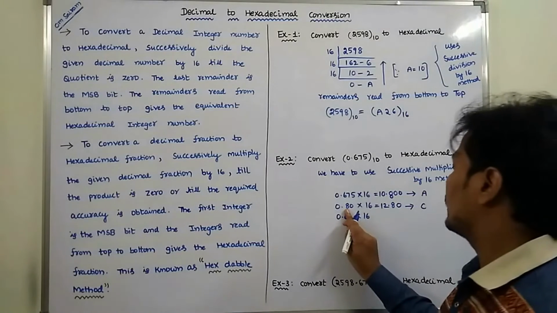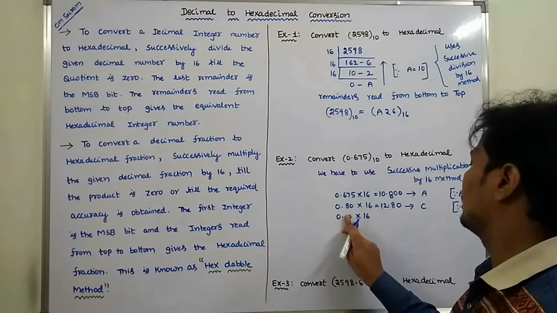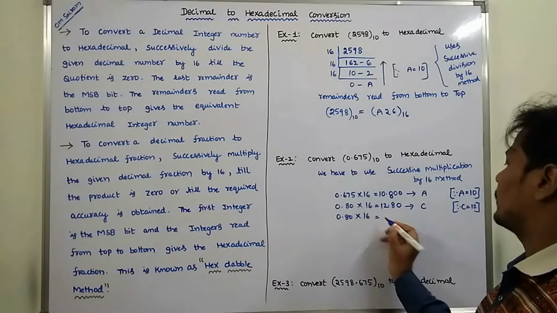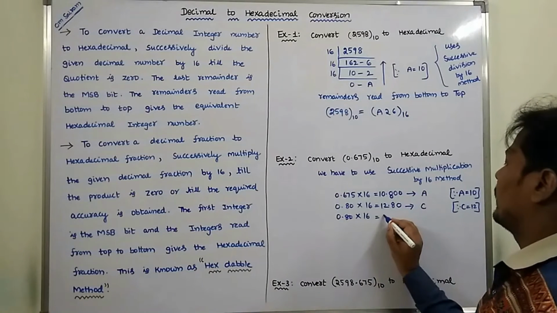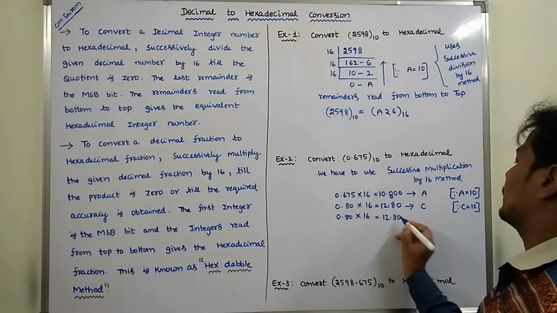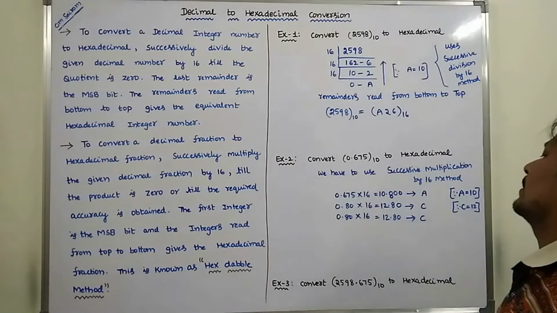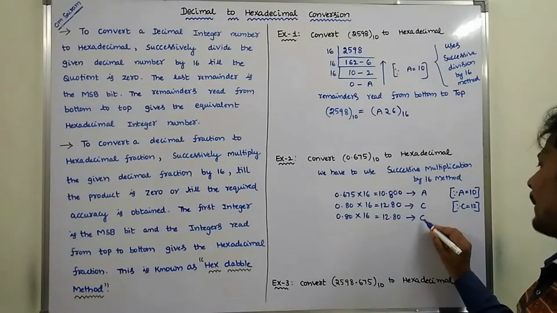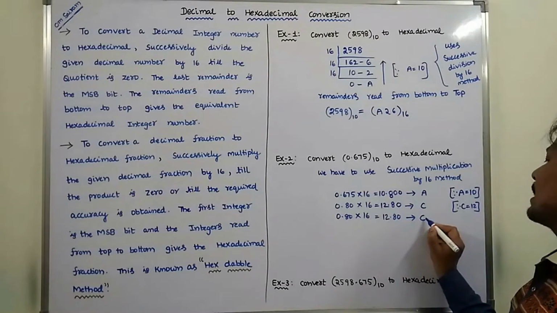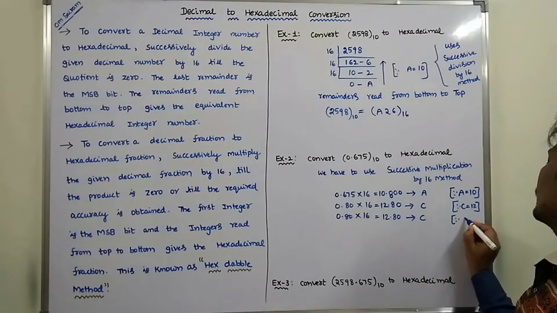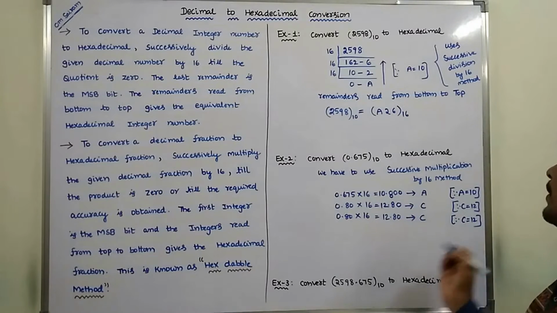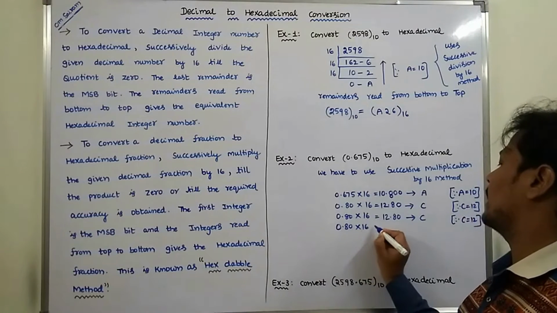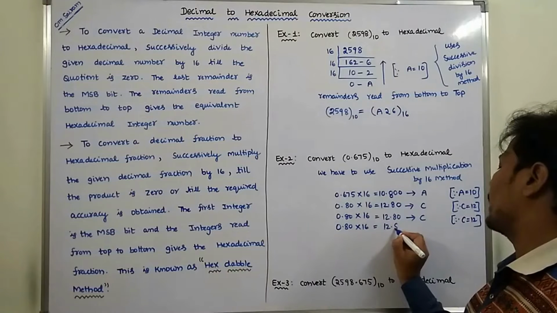So now again 0.80, that is equal to 12.80. Now the integer part can be separated, 12 is equal to capital C. Now again 0.80 into 16 is equal to 12.80.